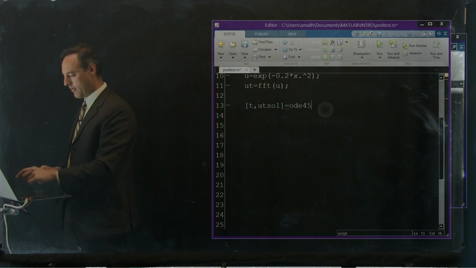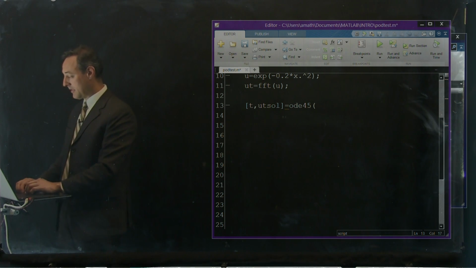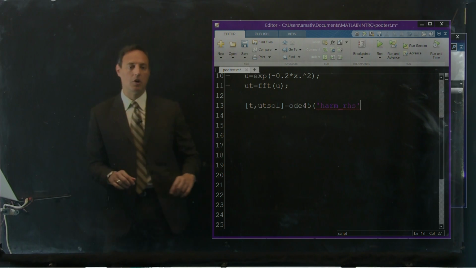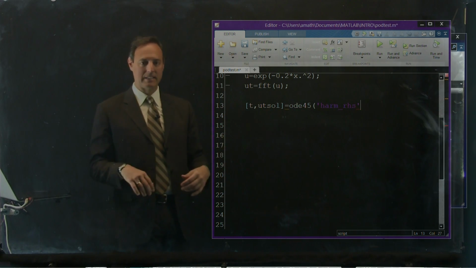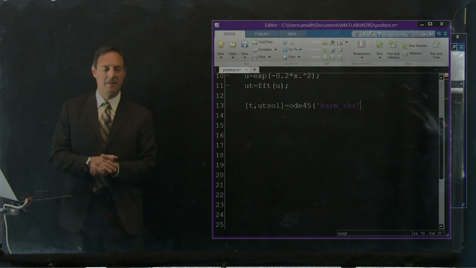So when we call ODE45, let's call this harmonic right-hand side. It's going to call some function called harm underscore right-hand side, so harm right-hand side dot m. It's going to go look for that file.